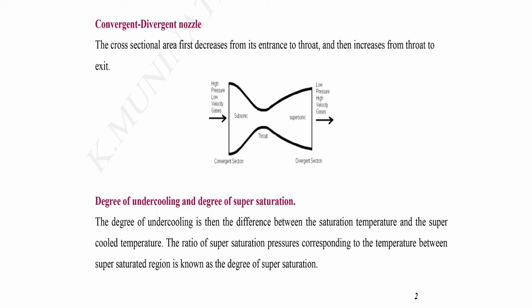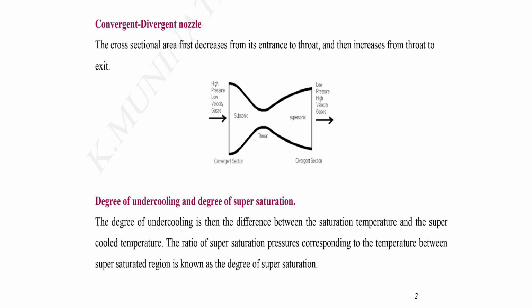Initially, the entrance of the convergent nozzle is supplied with high pressure, low velocity gases through to the throat area. In between, the steam flow will be a subsonic flow.